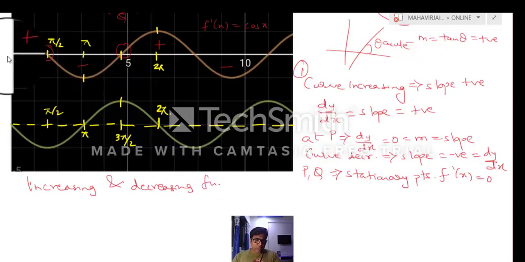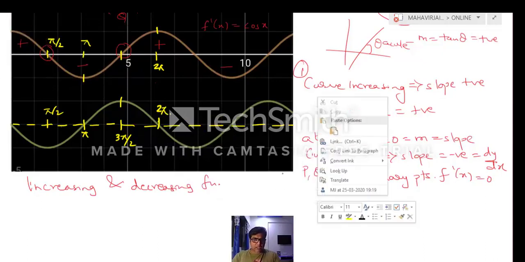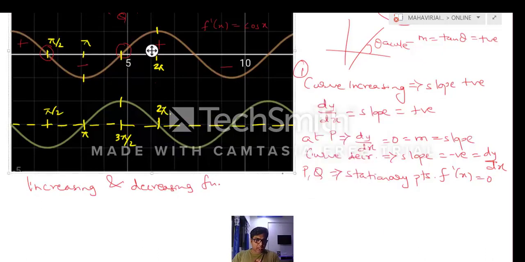Again, from this point, this is again 0. At this point is 0 to pi by 2. What do you see? The curve is decreasing. Now the curve is decreasing, its derivative has to be negative. It is decreasing right from 0 to pi. So the derivative of it is negative.